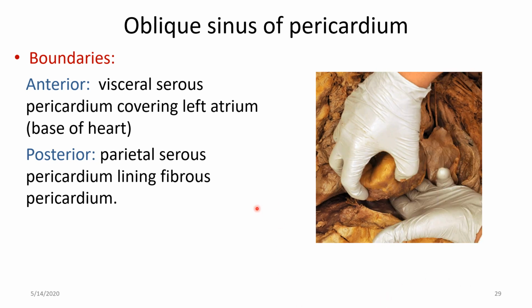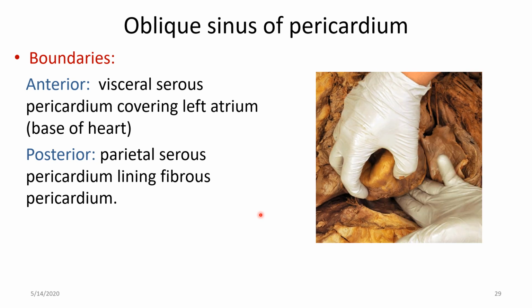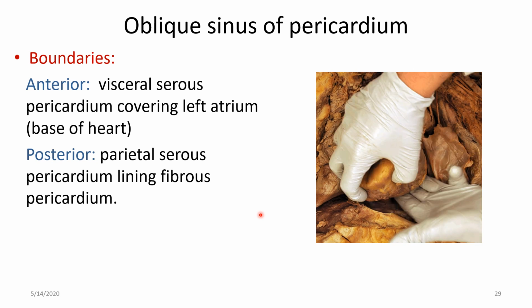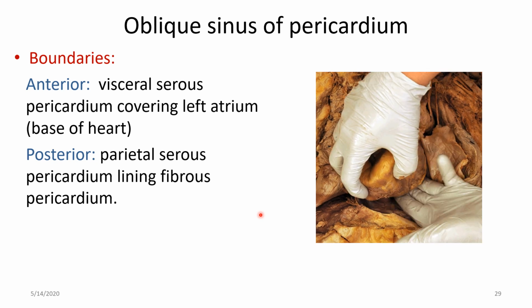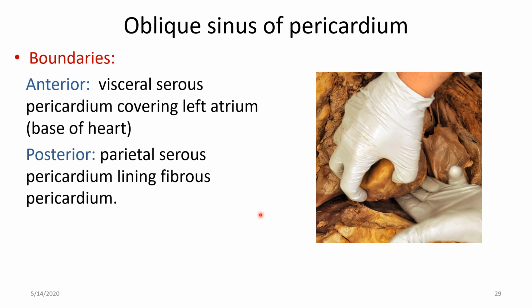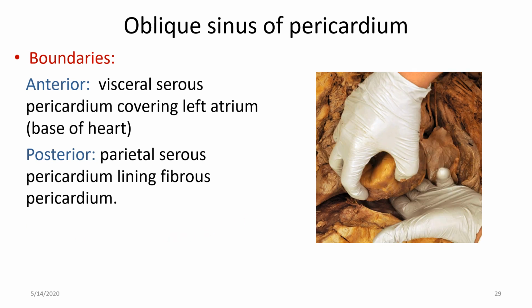So the boundaries for the oblique sinus of pericardium are: anteriorly the visceral layer of serous pericardium covering the left atrium, and posteriorly the parietal layer of serous pericardium lining the heart.